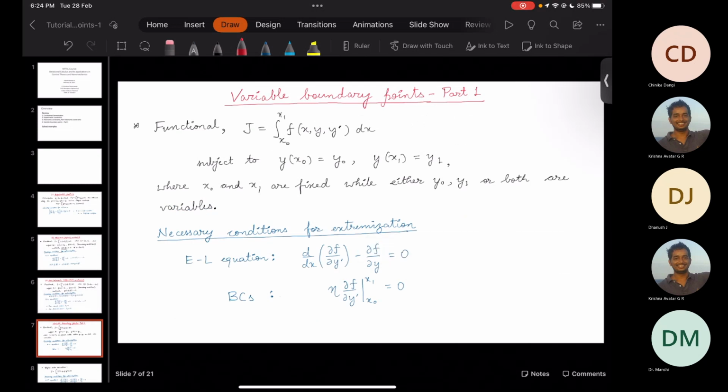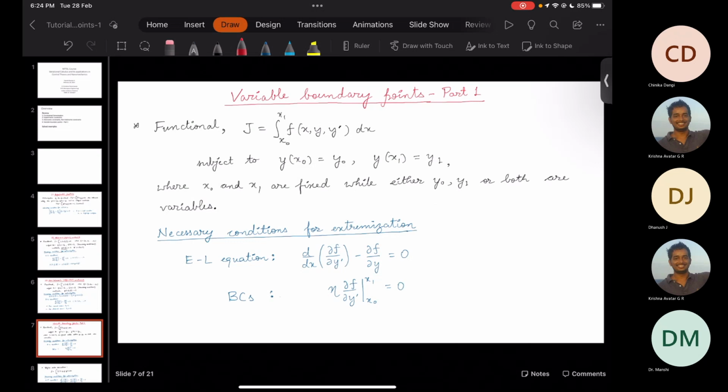Okay, now let's discuss, so far we have been studying problems for which the values of the dependent variable were fixed at the ends.